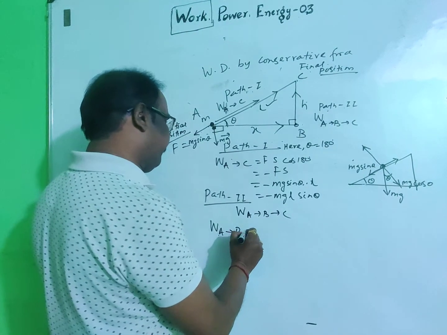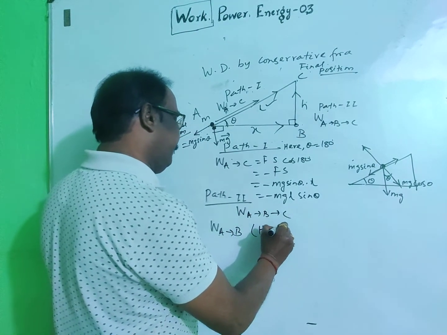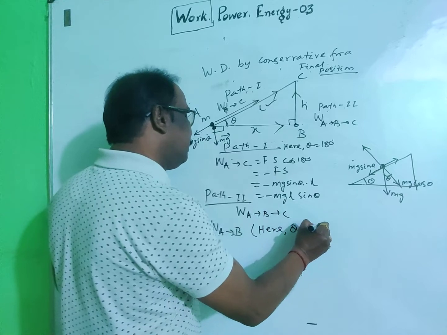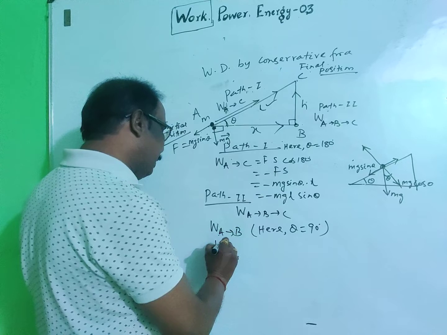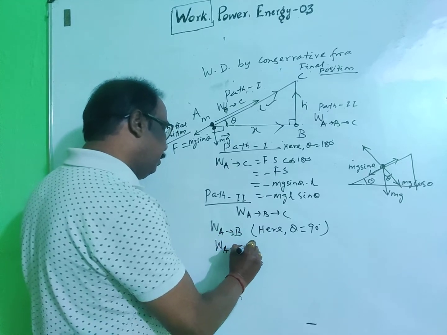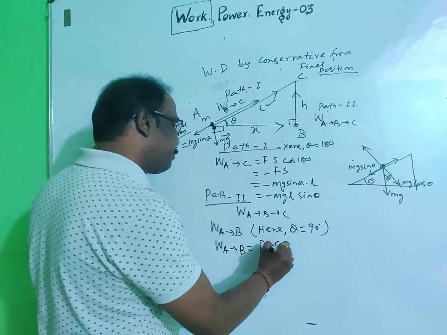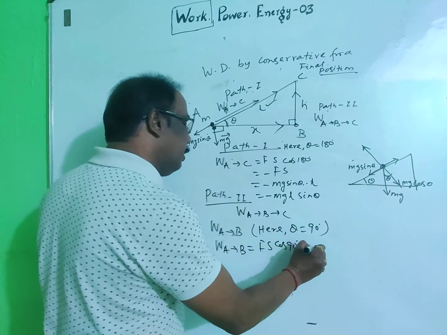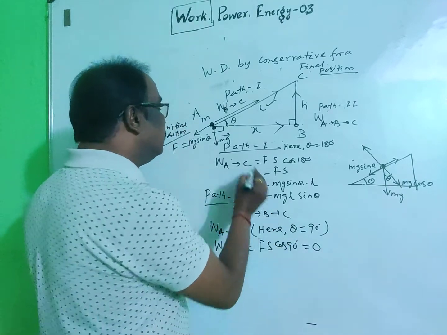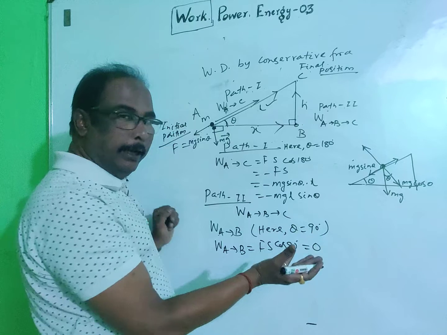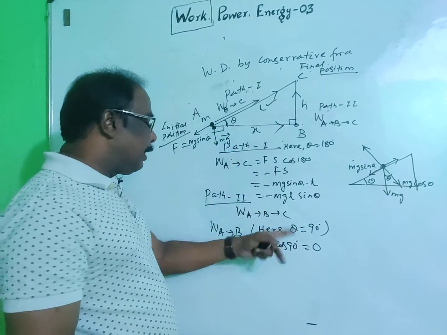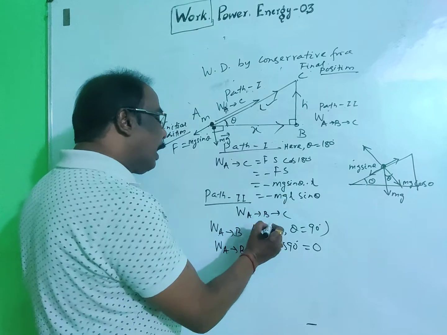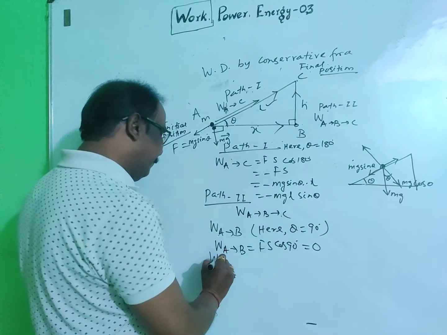So theta is equal to 90 degrees. The angle between force and displacement is 90 degrees. So work from A to B is Fs cos 90, which is mg x cos 90. Force is mg, displacement is x, theta is 90, so work is 0. Then work from B to C.